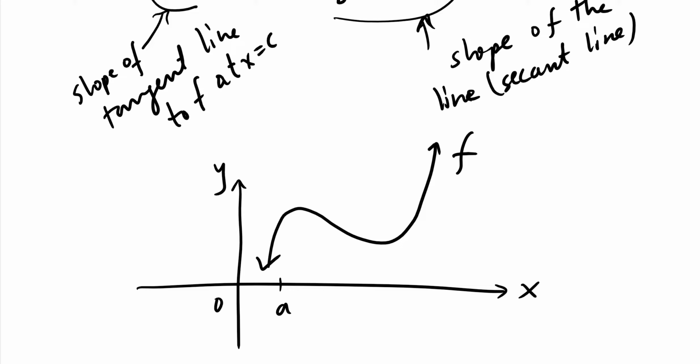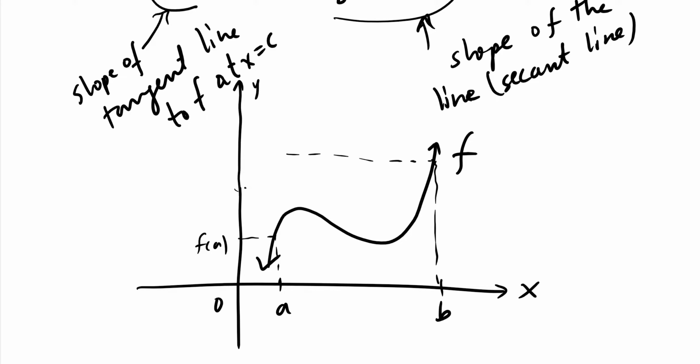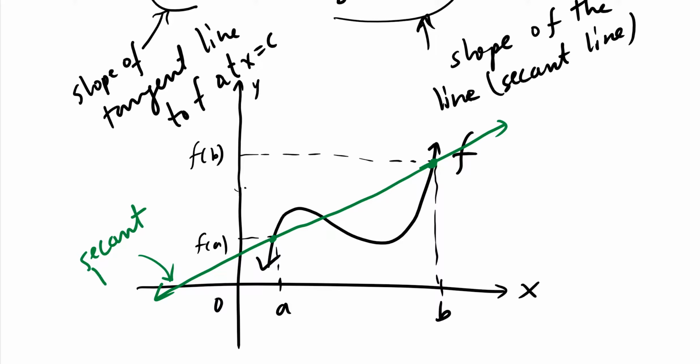And then I'm going to pick the interval from A to B. Well, if I project this up, this is f of A. If I project this up, this is f of B. If I connect these 2 points, that's the secant line, connecting the 2 points. So what did the theorem say?